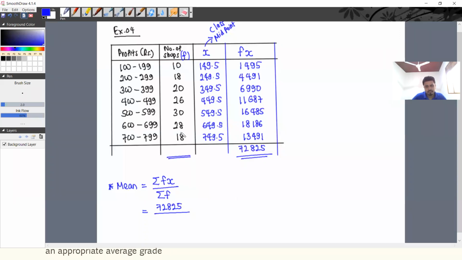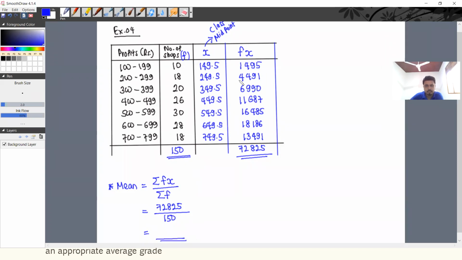What is the sigma f value here? 150, no? 150. Yes. So 72,825 divided by 150. What is the answer?